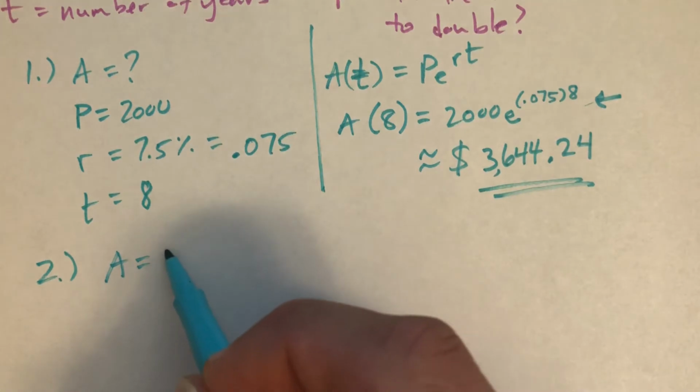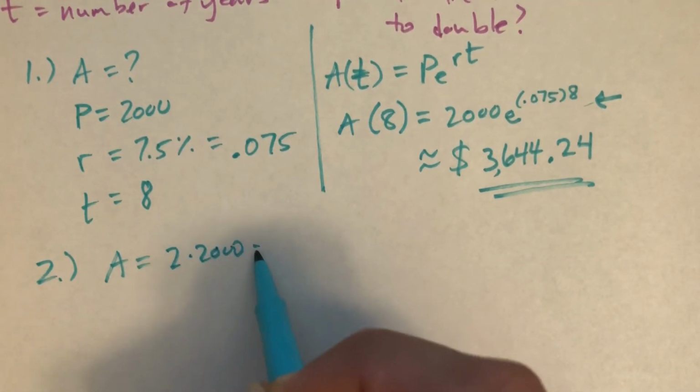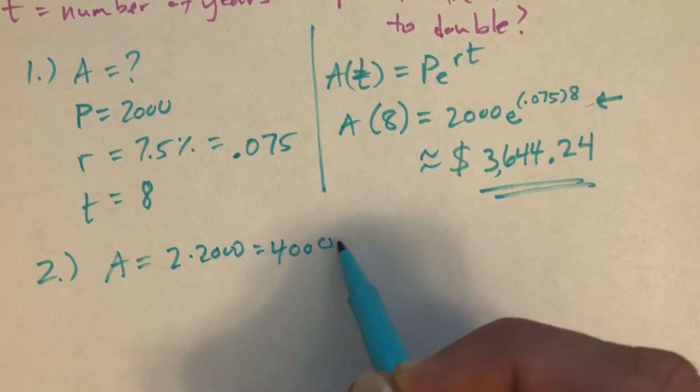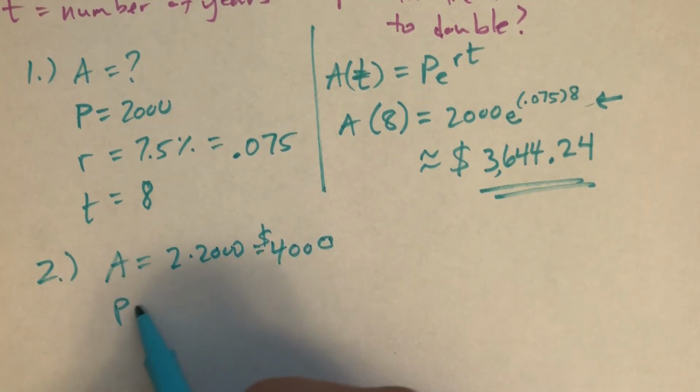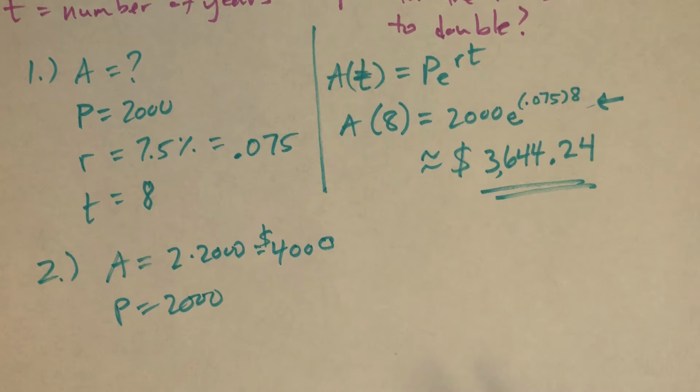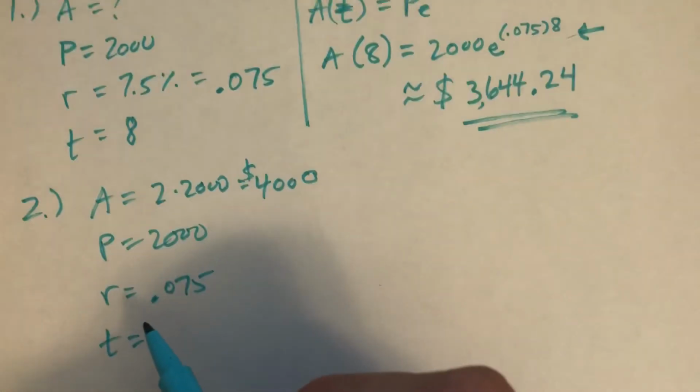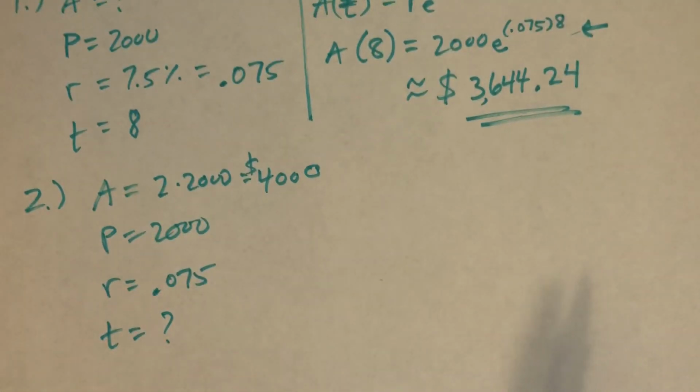That would be 2 times 2,000, which would be 4,000 dollars. Our principal is 2,000. Our rate is still 0.075. And our t is the thing we're after this time.